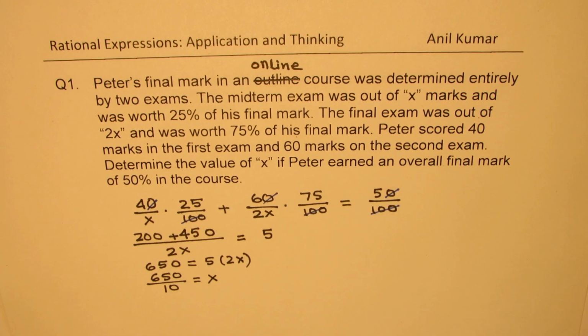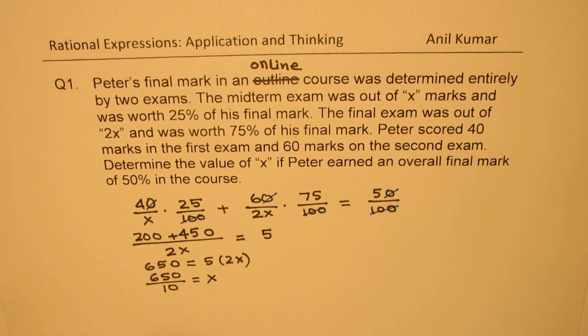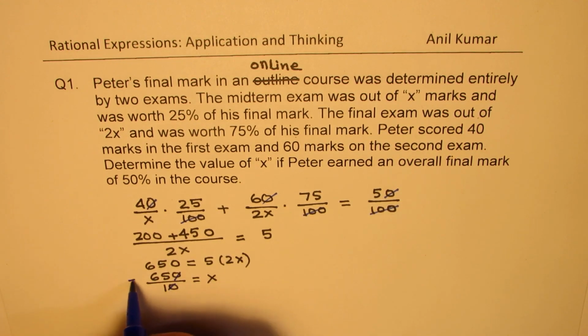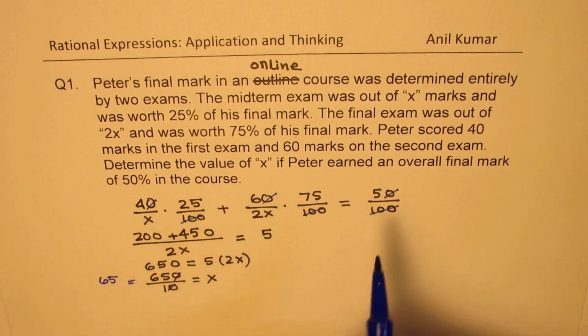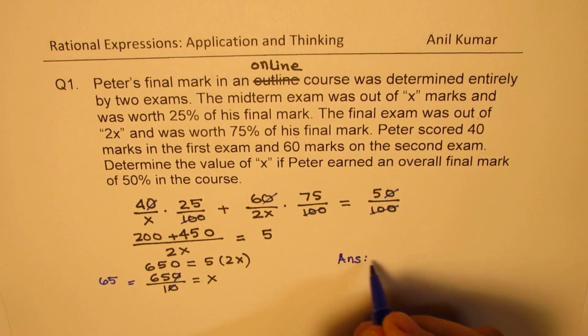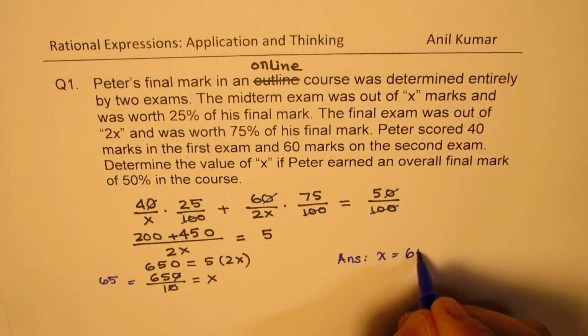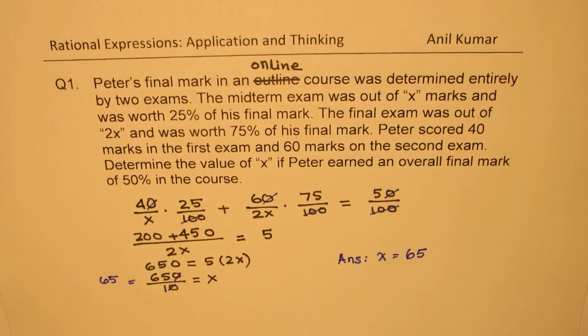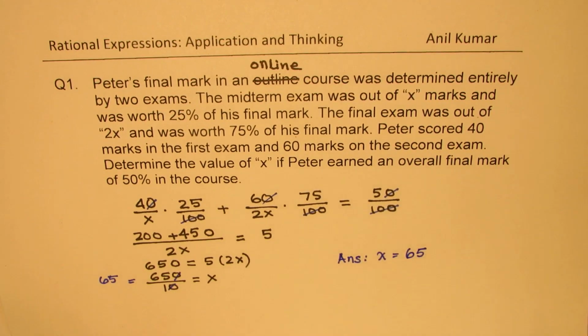So these are the steps which can help you find the solution. And straight away we get our answer as 65. So the value of x is 65. So the first test was out of 65 and the second twice 65.